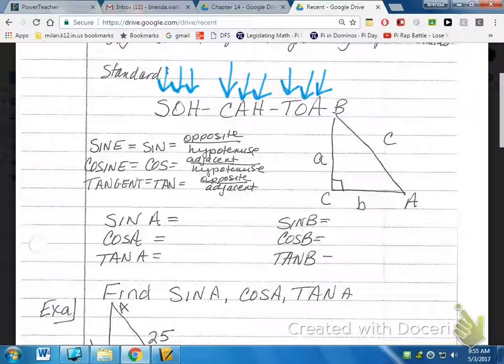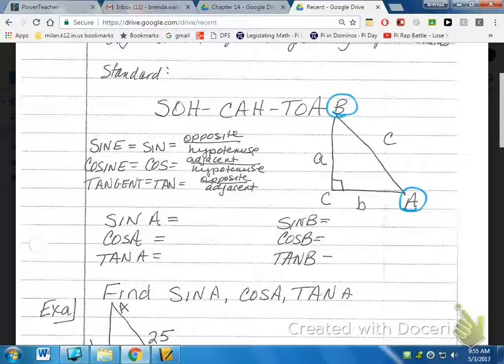So now we have to figure out what that opposite and adjacent business is all about. Well, this has everything to do with right triangles to begin with. We have a right triangle sitting here, and the right triangle is labeled ABC. Now capital A, capital B, and capital C refer to the angle vertices.